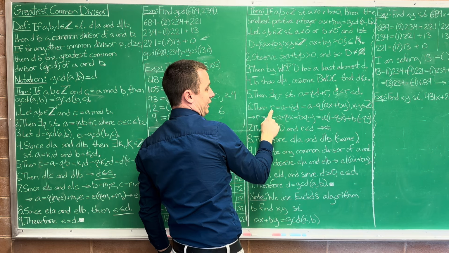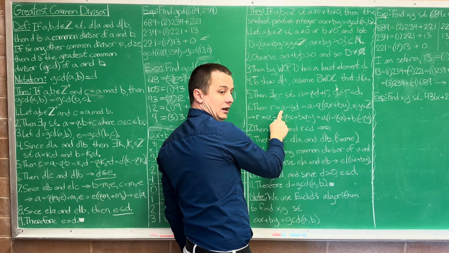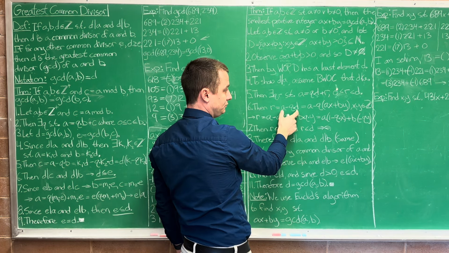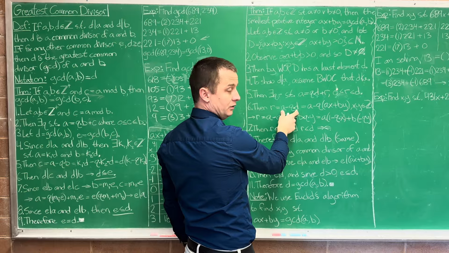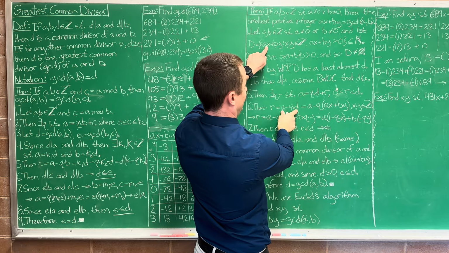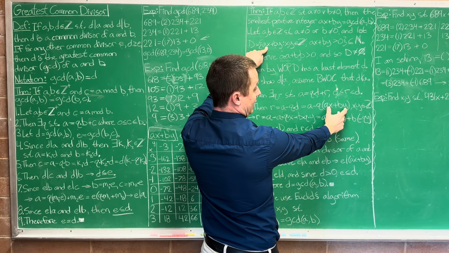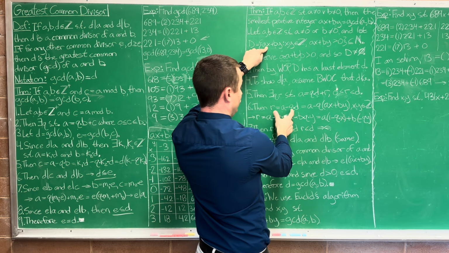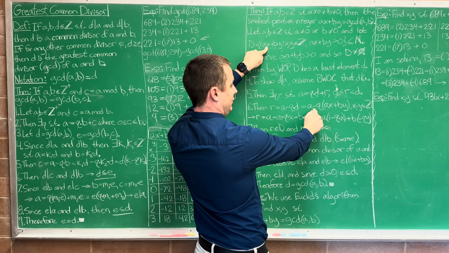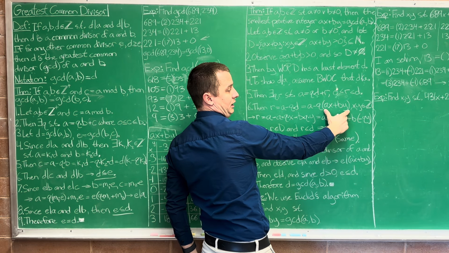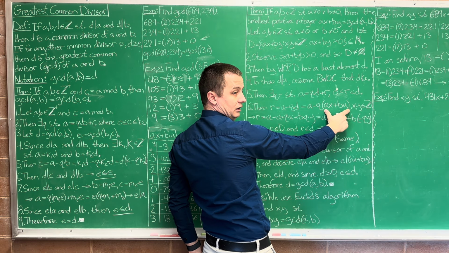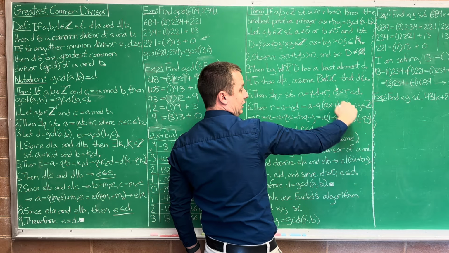What is R equal to from this equation? Just move the Q and the d over there. R is equal to A minus Q times d. Now, since d comes out of here, d is A times some number plus B times some number. So then R is equal to A minus Q times d. I'm just going to distribute the negative Q inside.